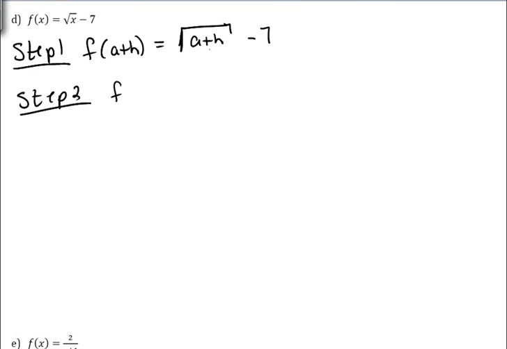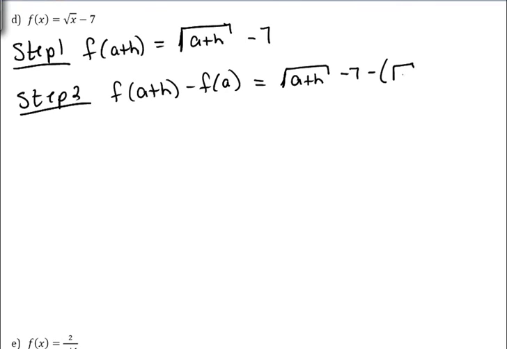We want to subtract from the result in step 1 f of a, so f of a plus h minus f of a. So that'll be the square root of a plus h minus 7, and then minus, make sure that you put this function in parentheses, the square root of a minus 7.